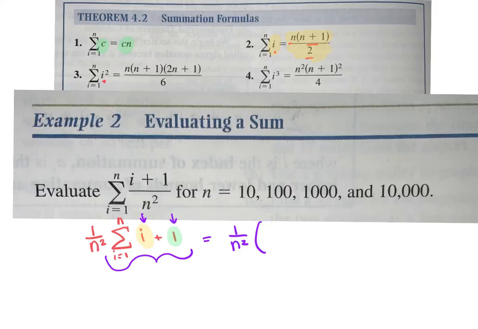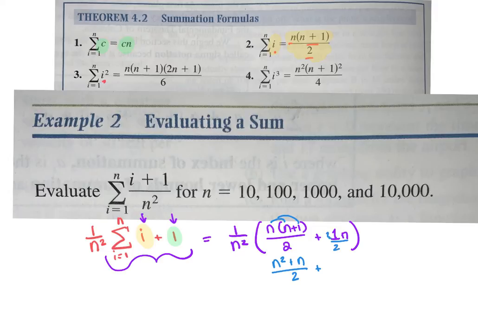All right, so I'm going to replace the i with n plus 1 over 2. And I'm going to replace the constant with the constant times n. And then you want to simplify it as much as possible. So you want to distribute here, right? So we have n squared plus n over 2 plus, and then we want a common denominator here.